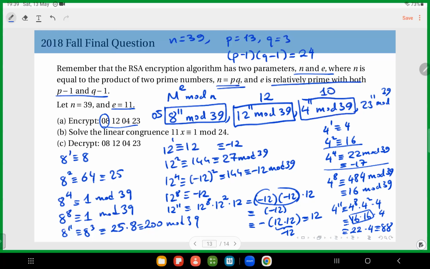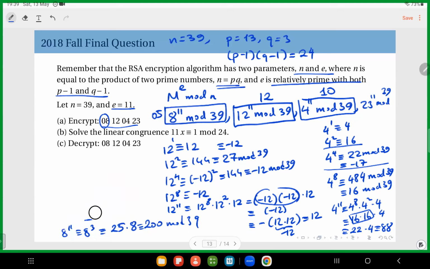And finally, I need 23 to the power 11 under modulo 13. So let me just make some space here. 23 to the power 11.